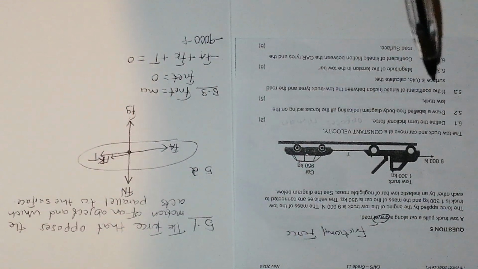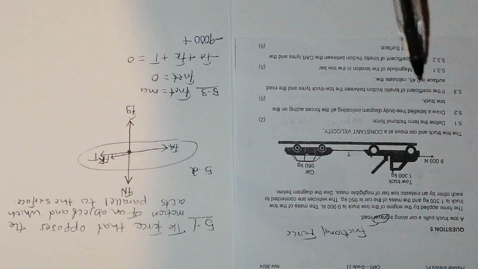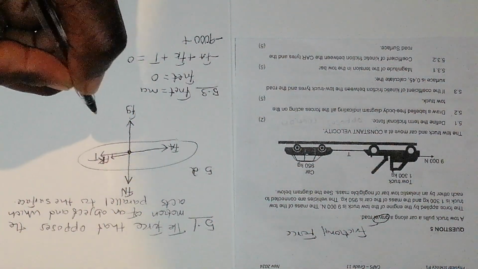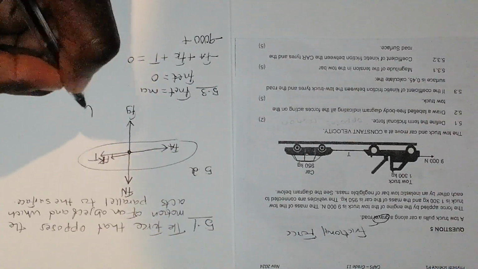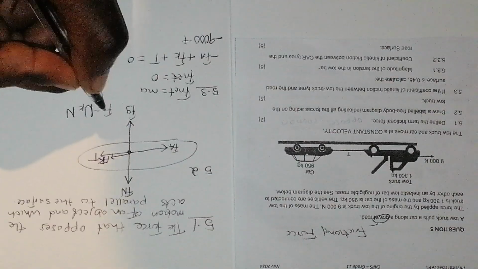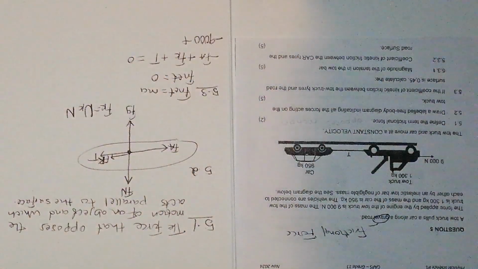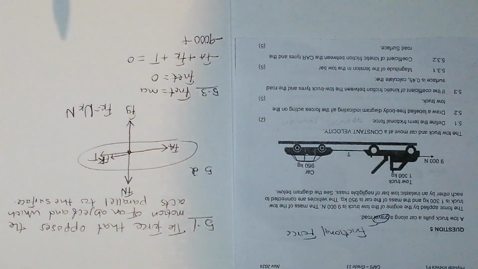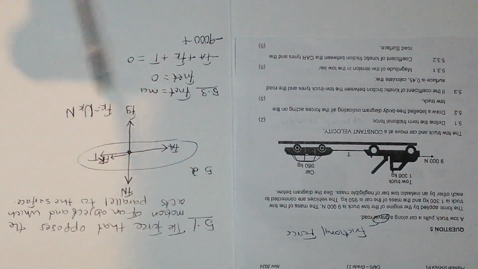The examiner gave us the coefficient of kinetic friction, meaning that we have this value. Before doing this, you will have to use this formula to calculate the value of Fk. But how can we get the value of Fk if we are not given the value of the normal force?